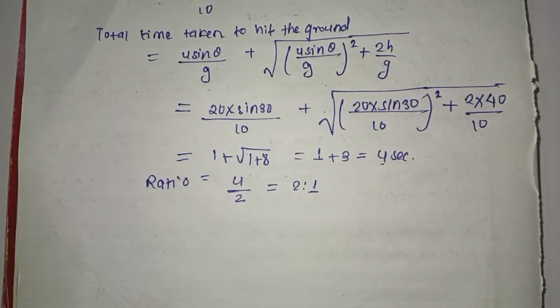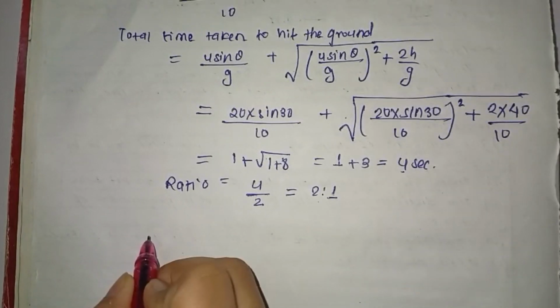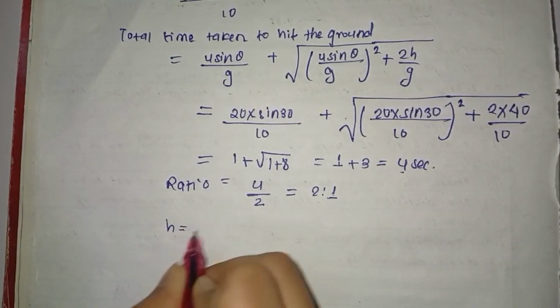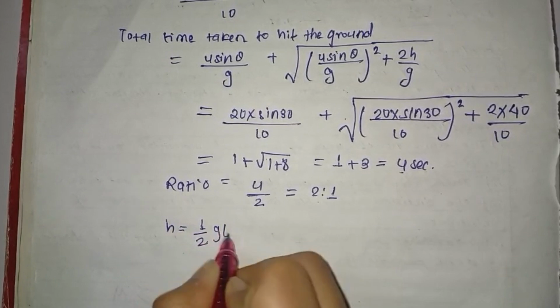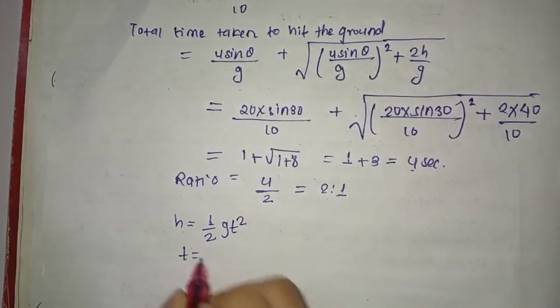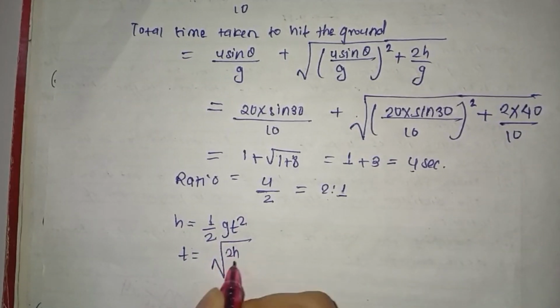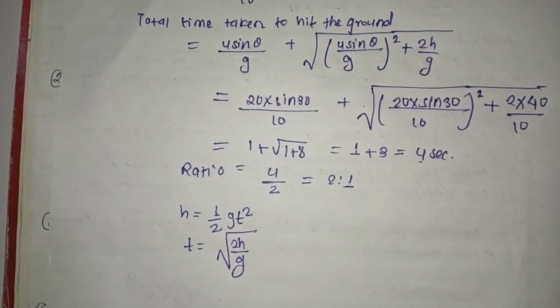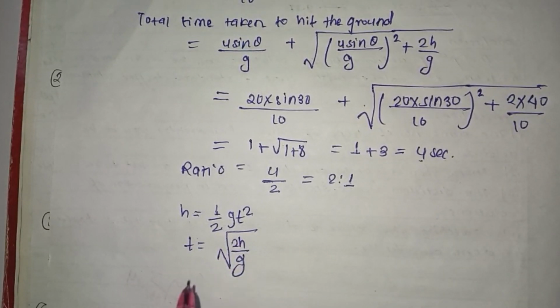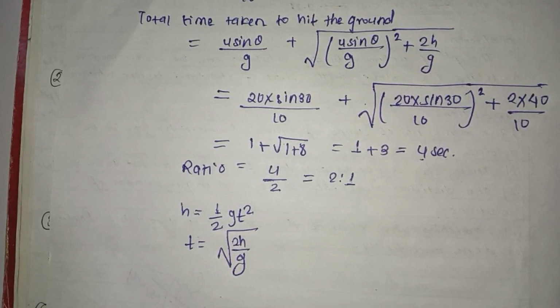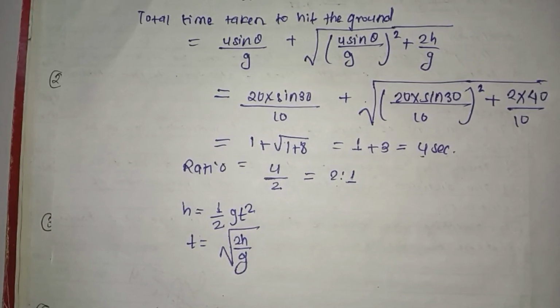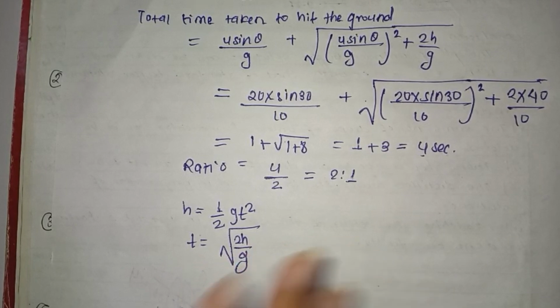So for free fall, the time to reach ground depends upon h is equal to 1 upon 2 gt square. That is t is equal to root under 2h upon g. So this formula does not depend upon mass, shape or moment of inertia. So both spheres will hit the ground at the same time.